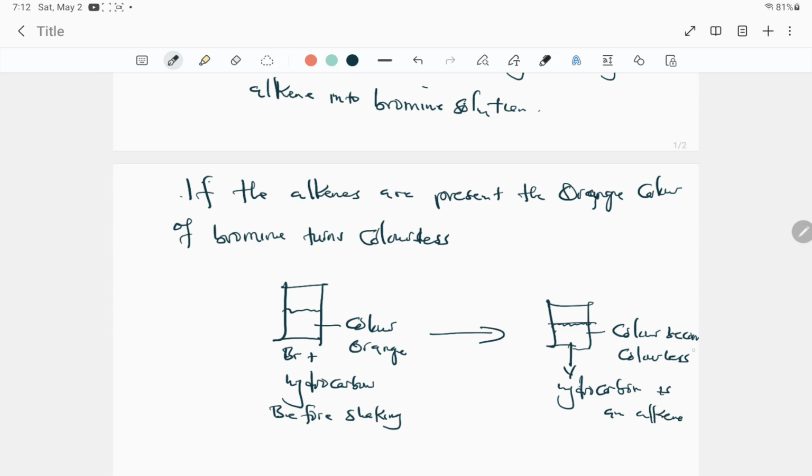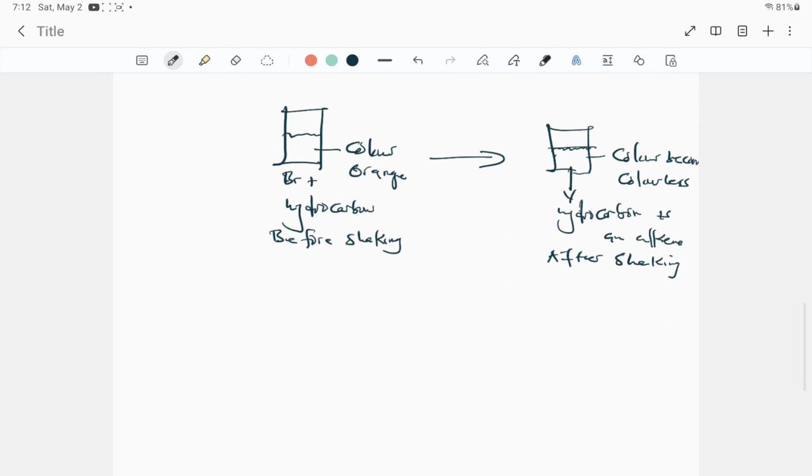After shaking, the hydrocarbon which was added into bromine is an alkene. That is how we check.